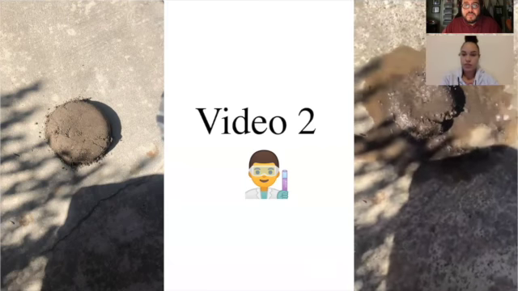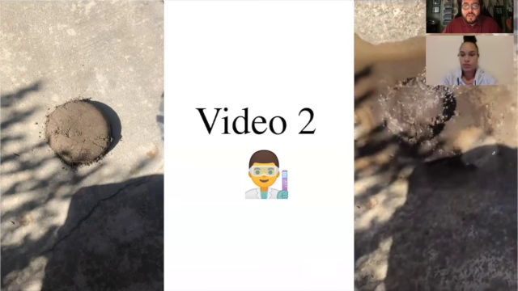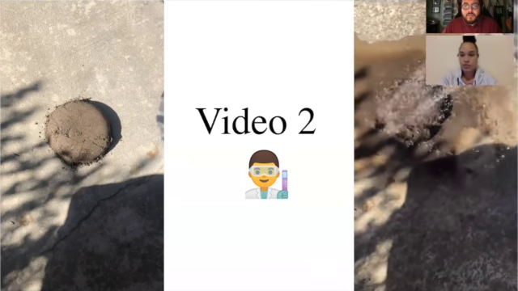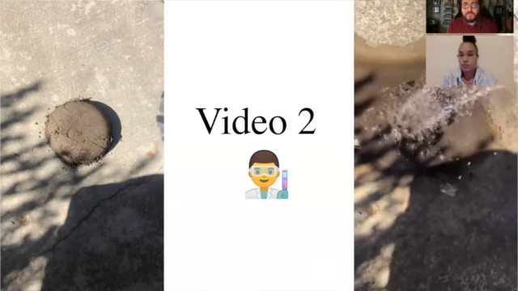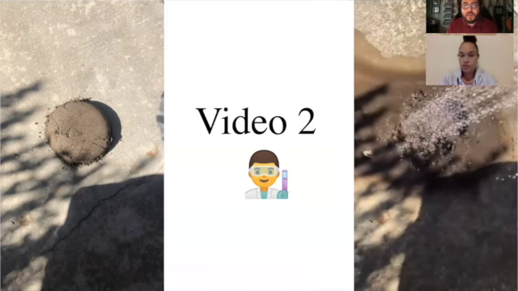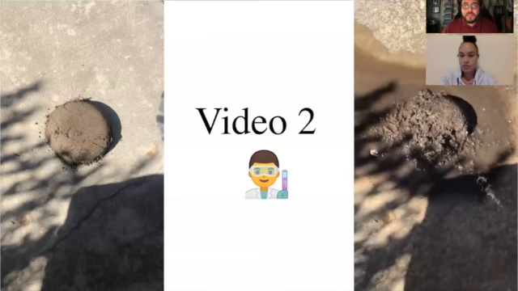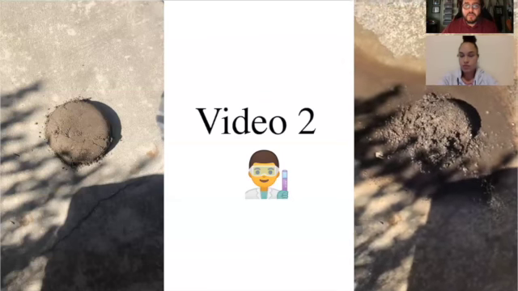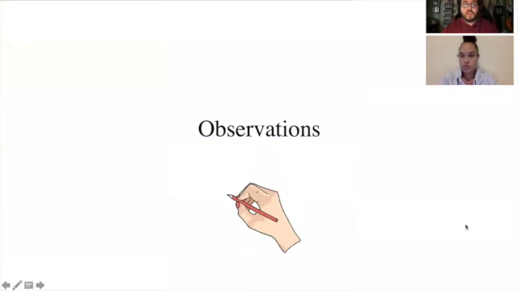Now, some students may even begin to make observation of the different pressure of the water coming down, making more distinct erosion impact, along with the amount of water added as well. Now, when we see both samples, we can see a much more dramatic impact with more water and more pressure, and those are observations and questions that we want our students to be able to create when they're making their observations during this activity.